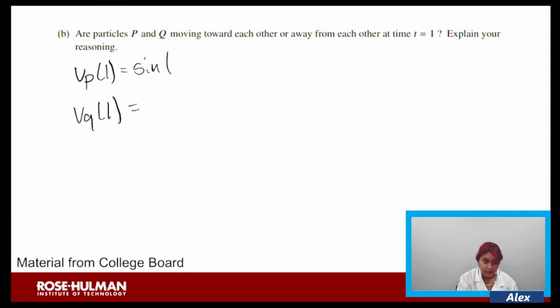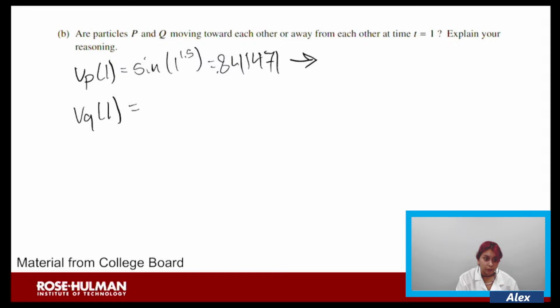So you take sine of 1 to the 1.5 power, which is just sine of 1, but in decimal form. That's 0.841471. You don't need a decimal that long.